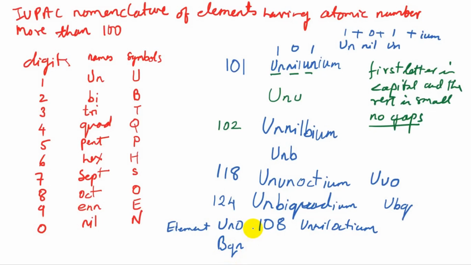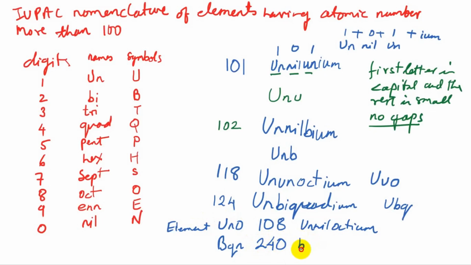Then the atomic number will be 240. B will be 2, and Q means 4, and N means 0.